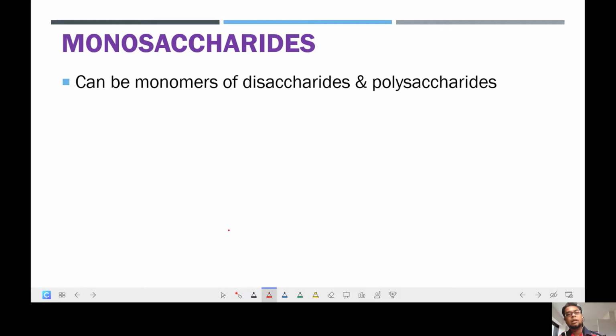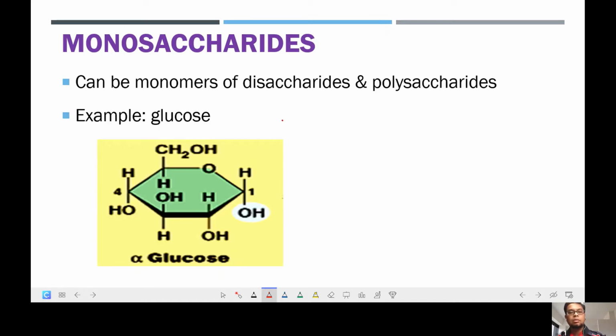The monosaccharides can become the monomers to form many other types of disaccharides and polysaccharides. And one of the most important examples among all monosaccharides is glucose. In this particular diagram, we can see the structure of the glucose molecule.